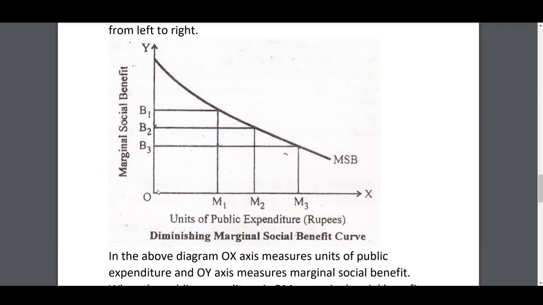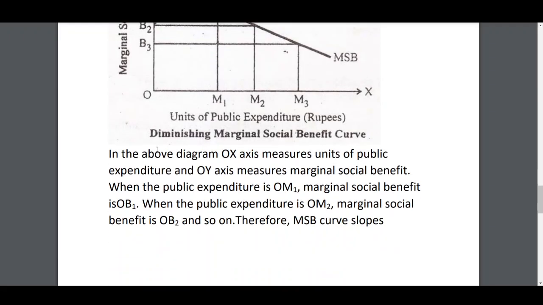When the government increases public expenditure from OM1 to OM2, what happens to the MSB? MSB is decreasing from OB1 to OB2. That is the meaning. Marginal social benefit is decreasing. And so on, it goes on continuously.